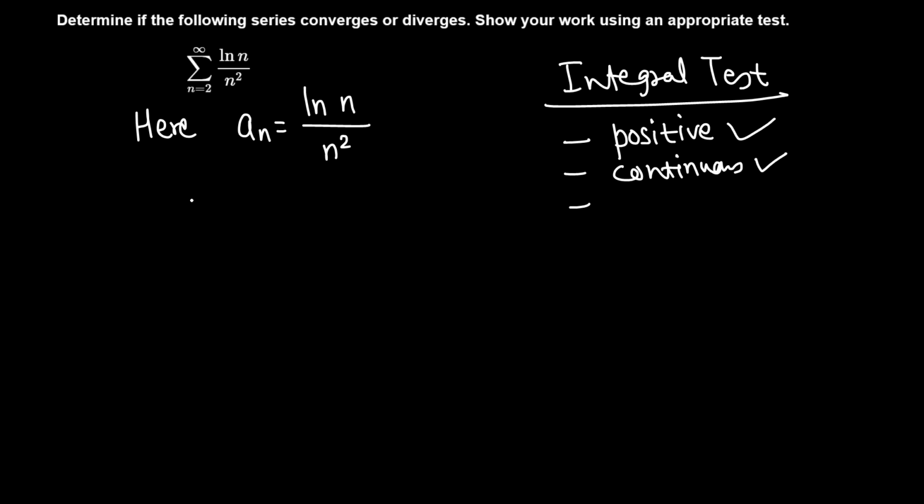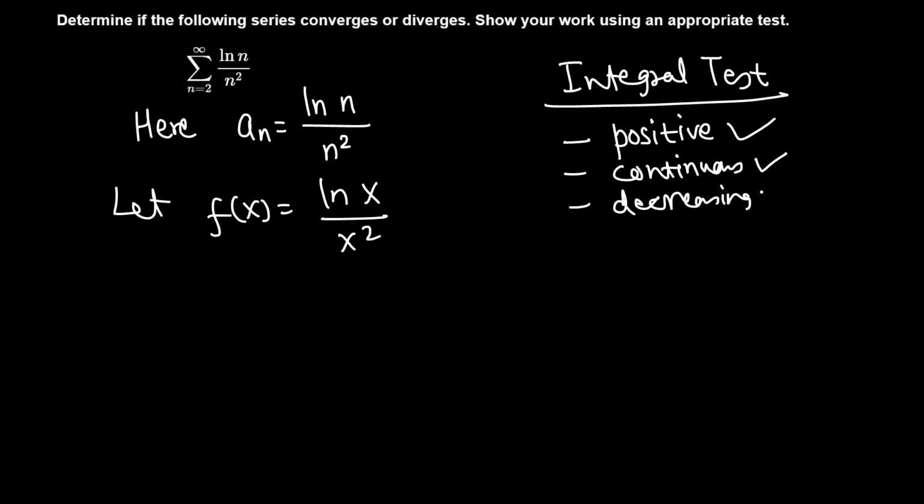In fact, we are supposed to let f be a function written in terms of x: natural log of x over x squared, and f is positive for all x bigger than or equal to 2, continuous and decreasing, because the bottom grows much faster than the top.